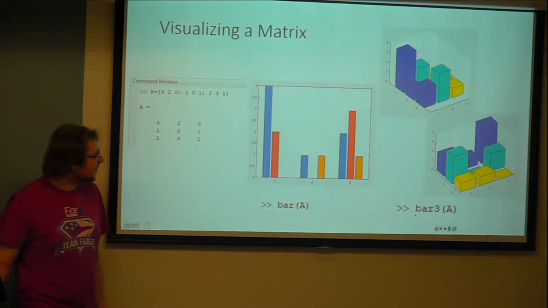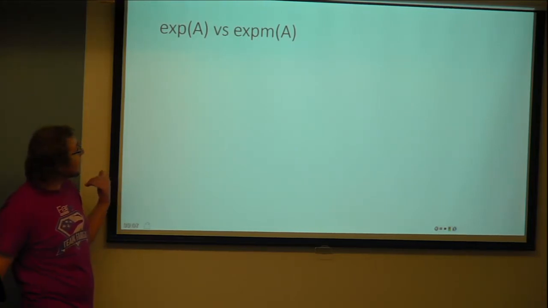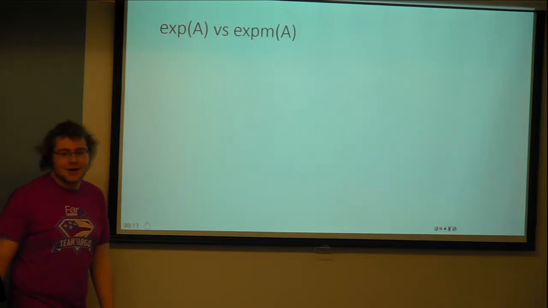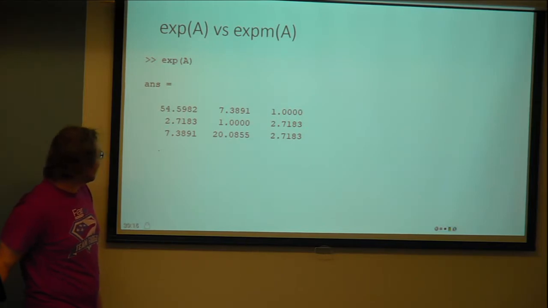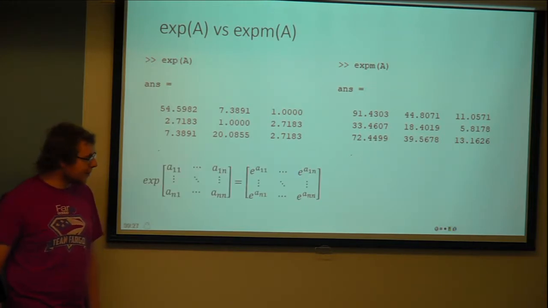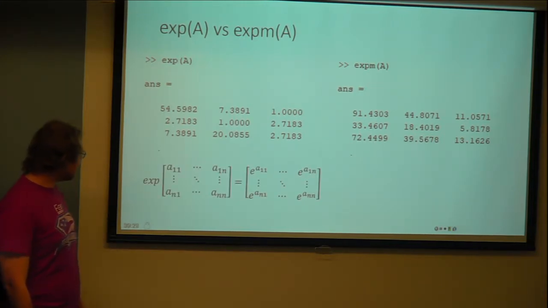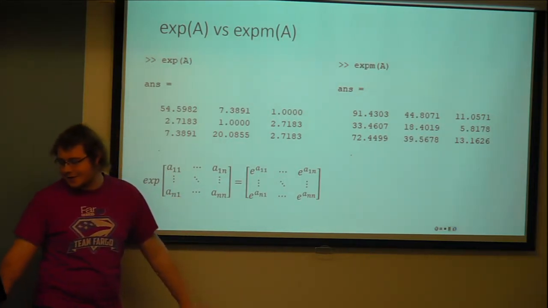So, the second topic, exponential of a matrix and matrix exponential of a matrix. Here is the exponential of the matrix A from the previous problem, and then the matrix exponential of matrix A. So the exponential of a matrix is simply taking each term in the matrix and taking the exponential of it.